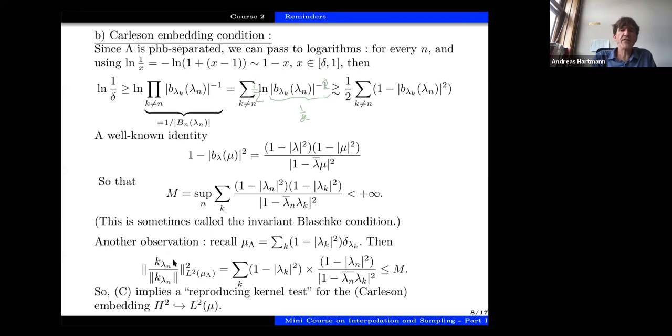Another way of stating this is that you have a reproducing kernel test in this L2 space. So in a sense, we have a partial embedding. We want that H2 embeds into L2(mu) completely, but for the moment, we know only that this is true for the normalized reproducing kernels, well, for the reproducing kernels.